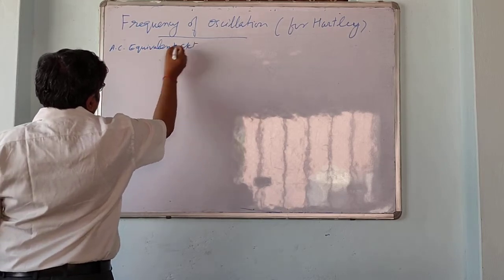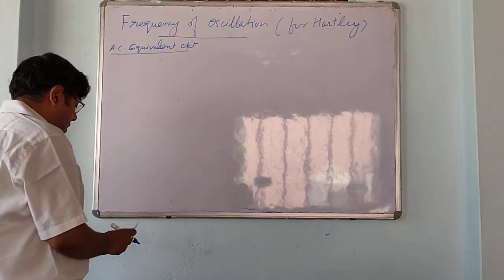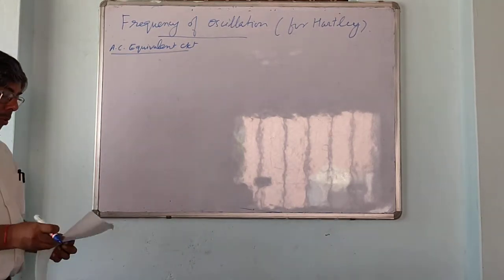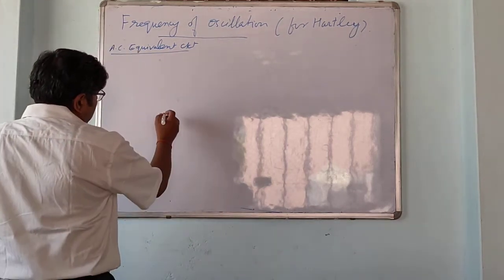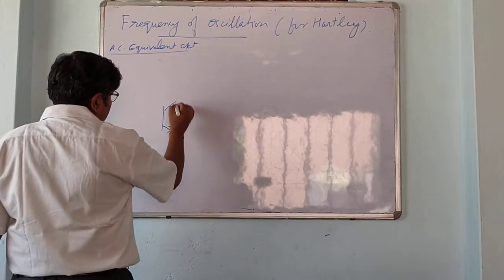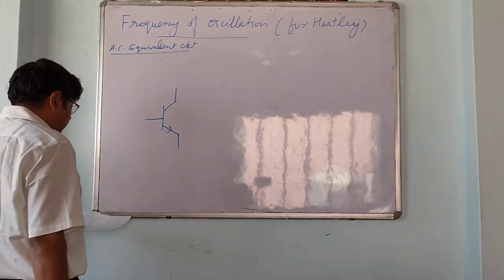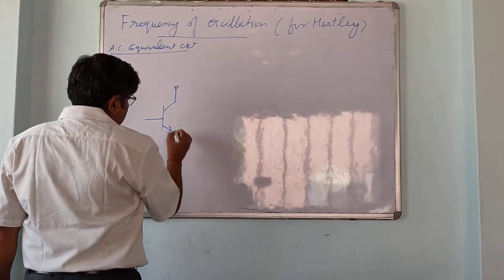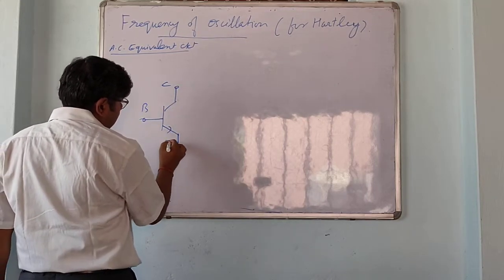See here, this is the transistor, and these are the three terminals: collector, base, emitter.